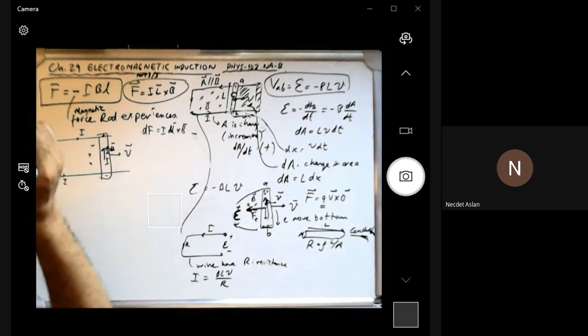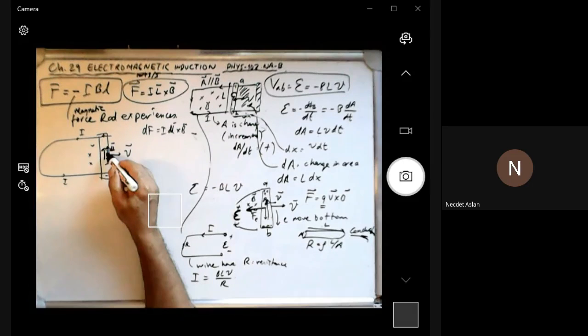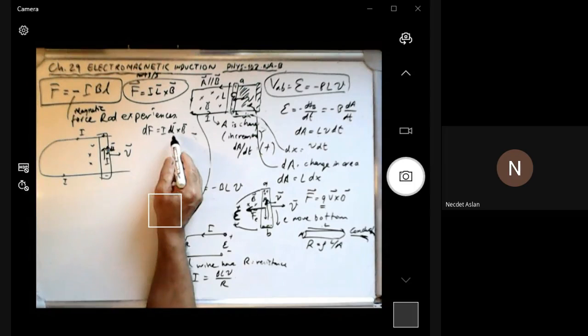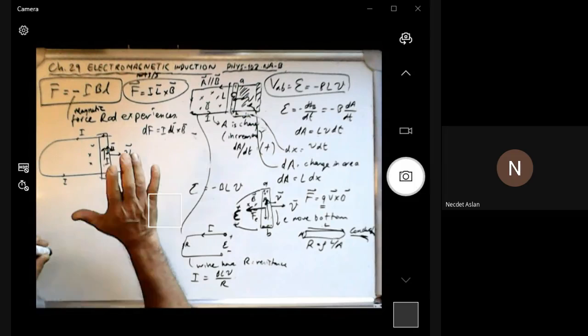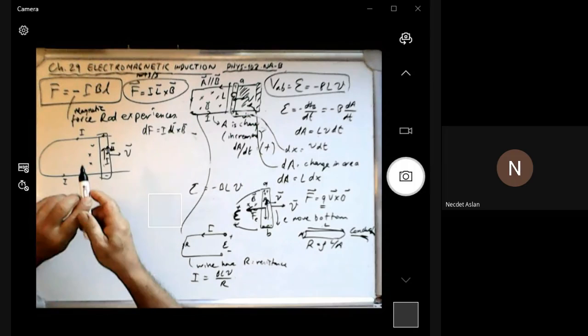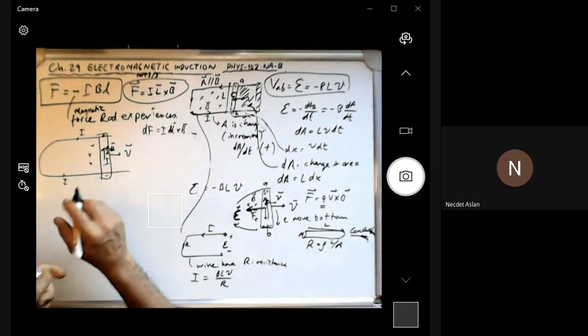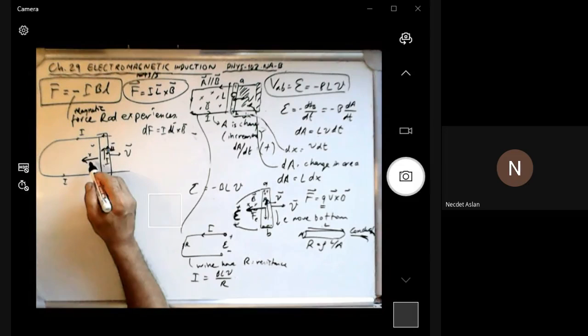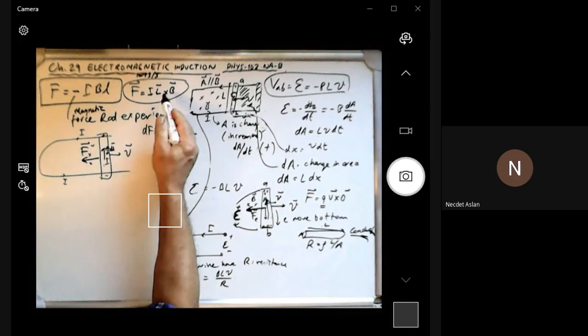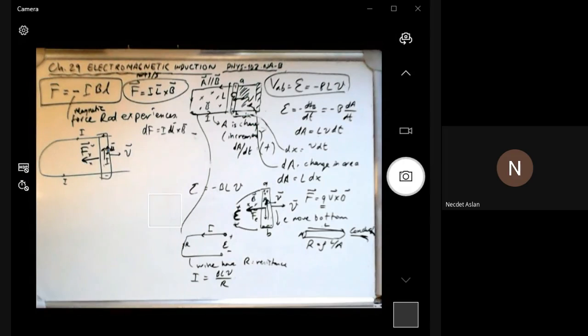This little segment in the wire will experience a force because of this cross product. Multiplying dL by the downward magnetic field, the force is this way. So the force the rod experiences is in the opposite direction to the motion.